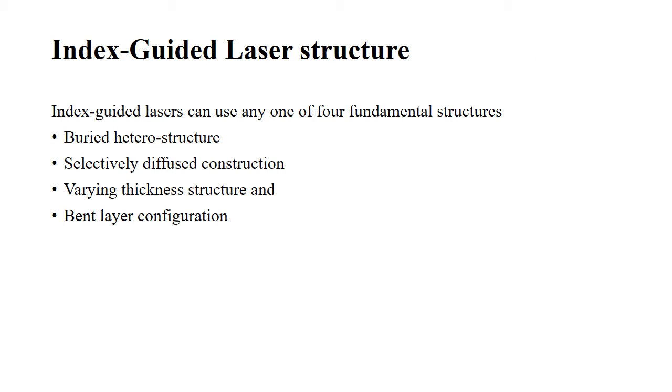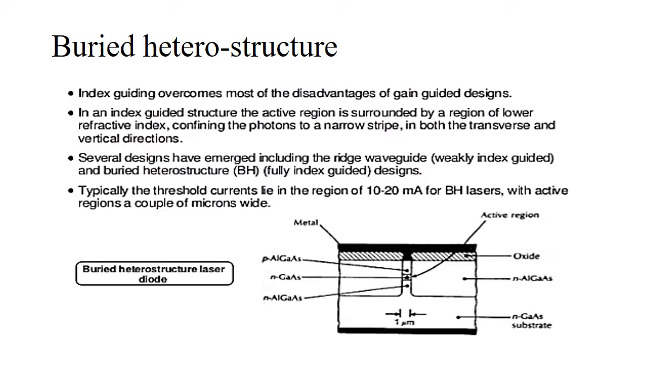Next one is the index guided laser structure. The index guided laser structure can use any one of four fundamental structures, that is buried heterostructure, selectively diffused construction, varying thickness structure and bent layer configuration. Let me see one. So the first one is buried heterostructure.